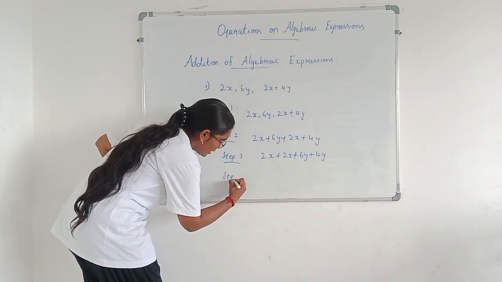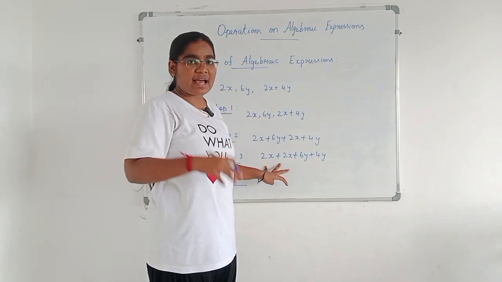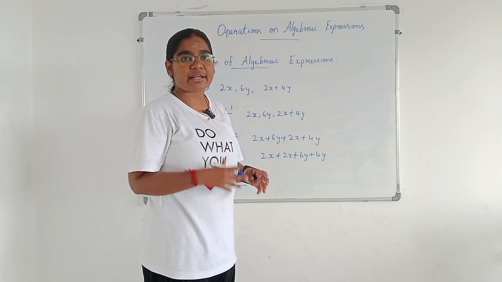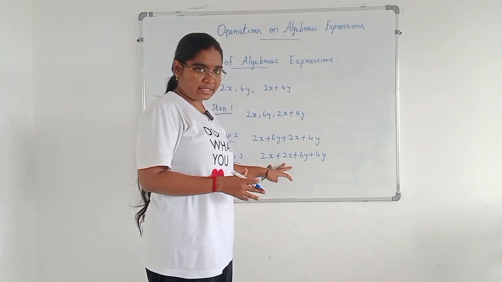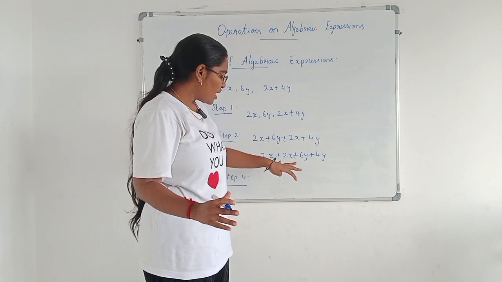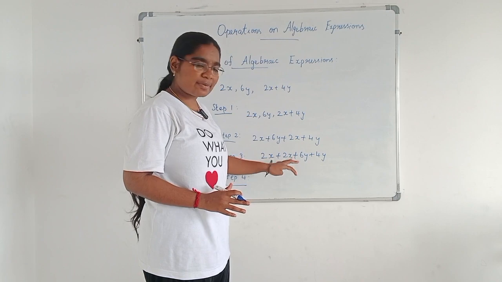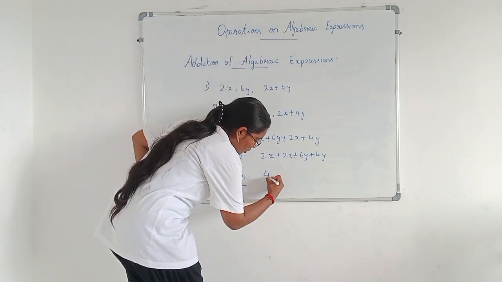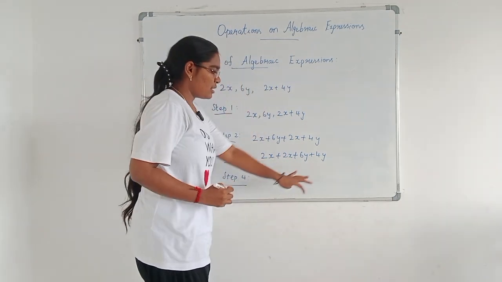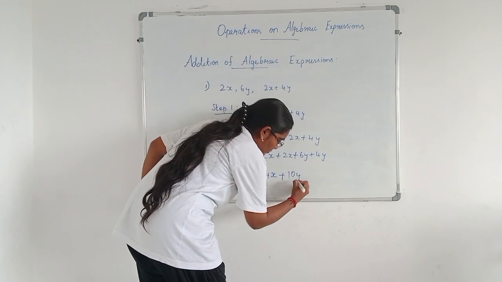Next, in the final step, we can add. We can always perform the expected operations on like terms, whereas in unlike terms we can't. So here 2x and 2x are like terms: 2x plus 2x is 4x, plus 6y plus 4y is 10y.